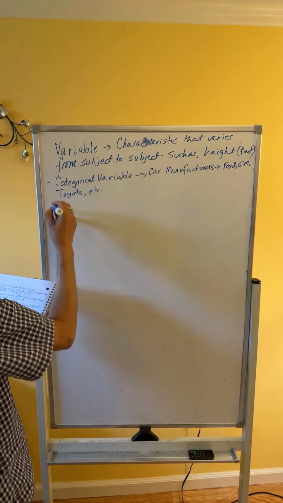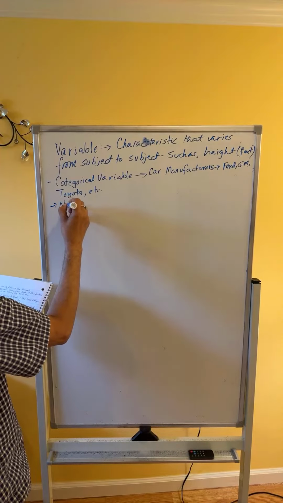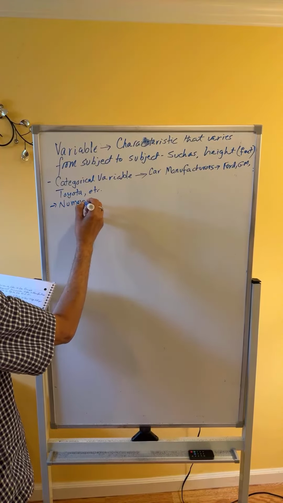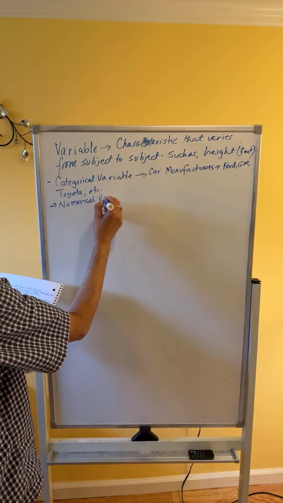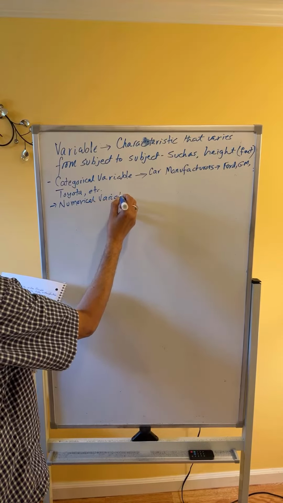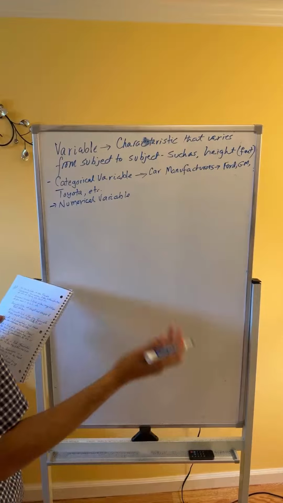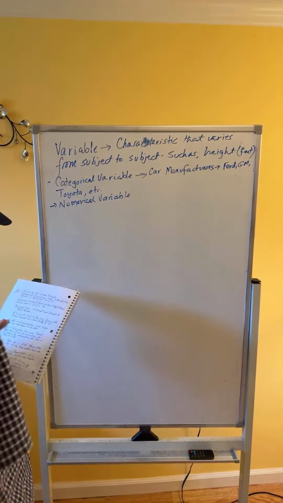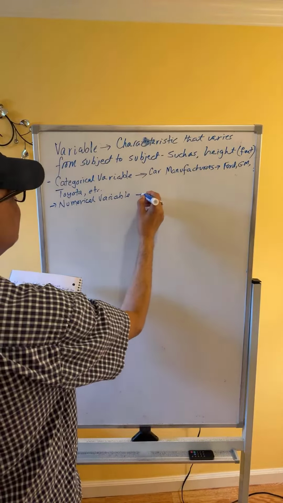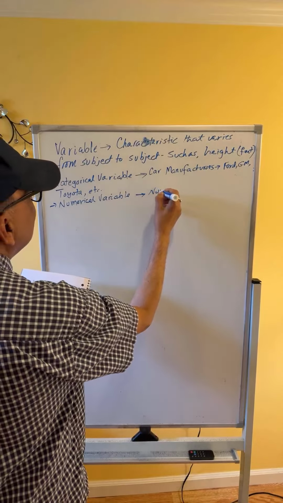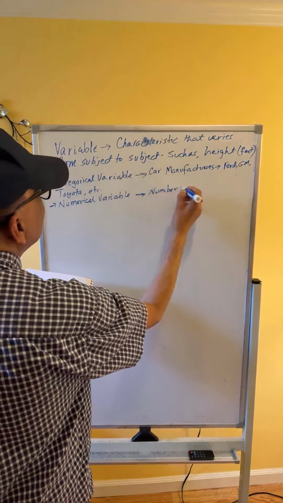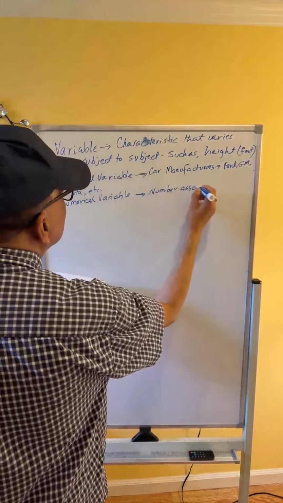The other type of variable is a numerical variable. The word numerical comes from number, so there is a number associated with this variable.